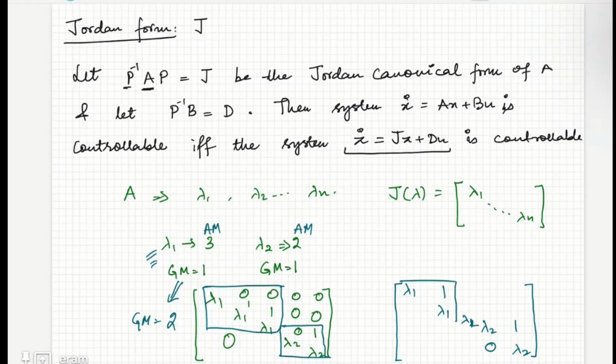One constitutes this Jordan block, another will be this lambda 1 only, and then another Jordan block because of lambda 2, and all the rest will be 0. So this is how we can identify the Jordan blocks and also the geometric multiplicity based on the given Jordan matrix, Jordan form.